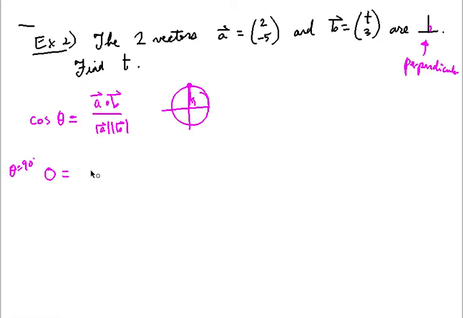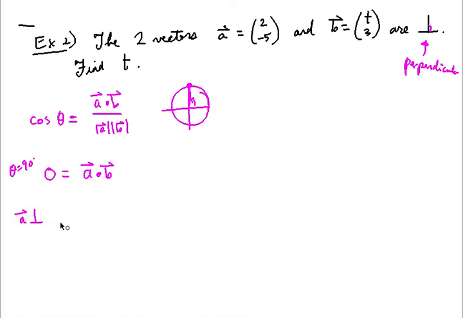So this whole side also becomes 0, which means that if the dot product is 0, then my cosine of theta is 0, my angle is 90. So this is another rule for you to write down.